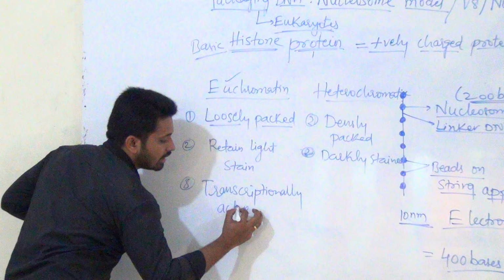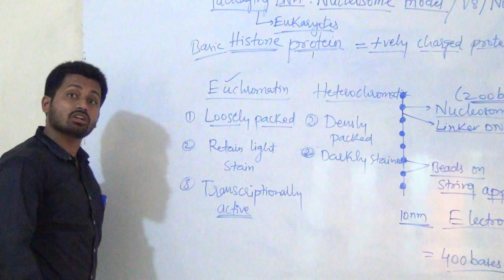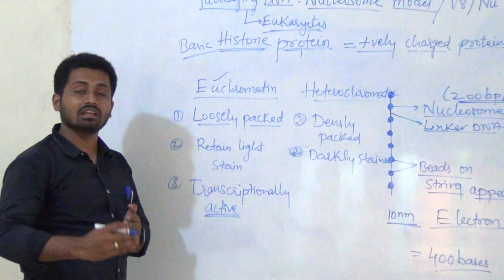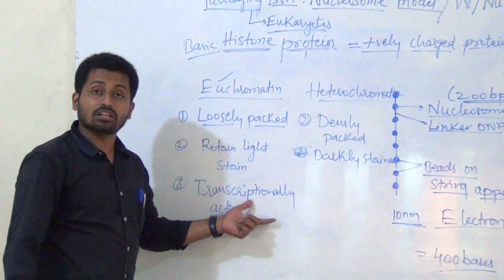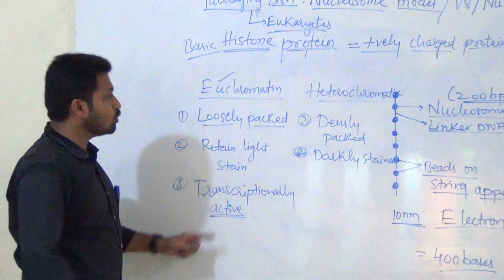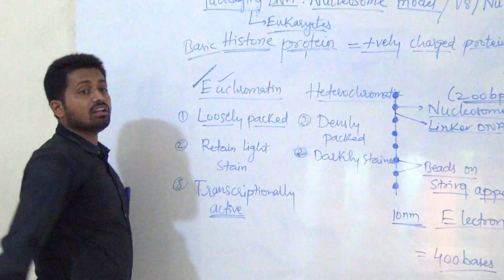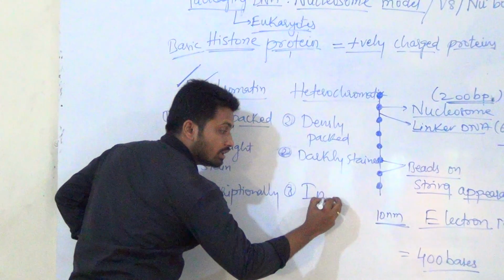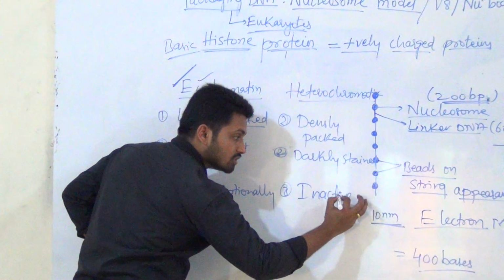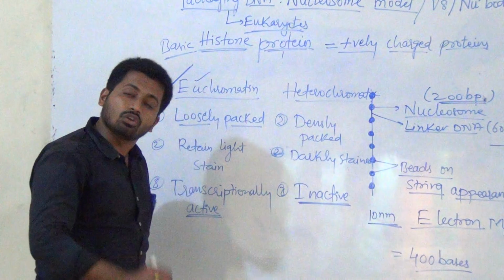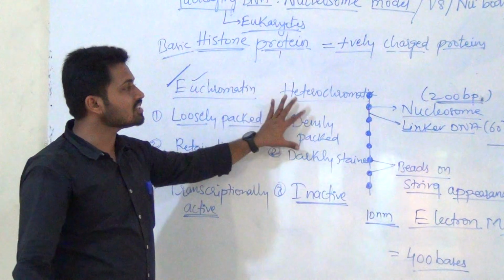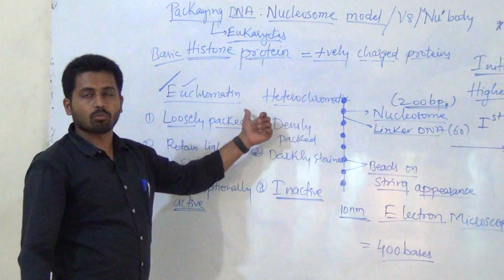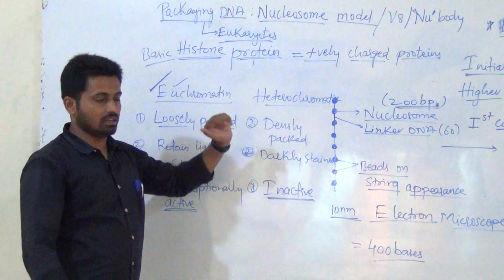I told you already in the introduction class: the formation of RNA, exactly mRNA, from DNA is called transcription. So transcriptionally active, which type of chromatin? Euchromatin, and this is transcriptionally inactive. Okay, so these are the differences between euchromatin and heterochromatin.